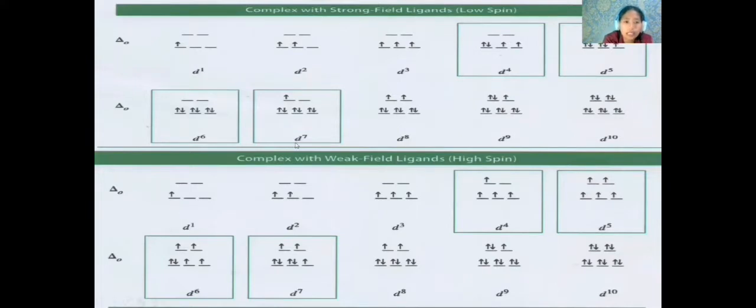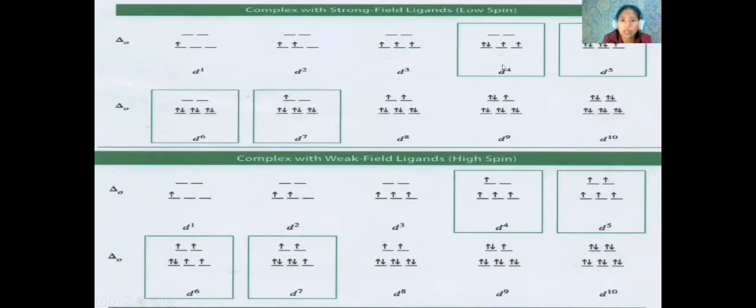As you can see, the low spin and high spin of d1, d2, d3, d8, d9, and d10 are all the same, while the electronic configurations of d4, d5, d6, and d7 have two sets: a low spin and a high spin.